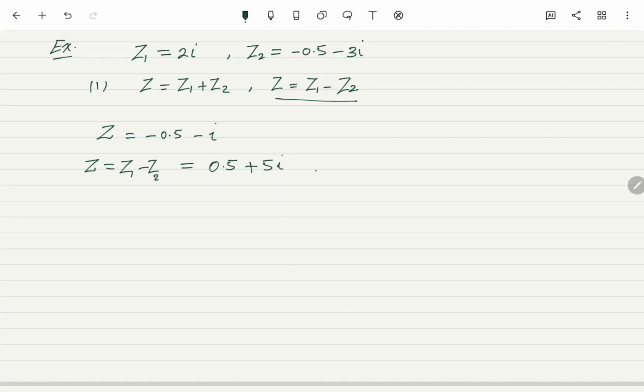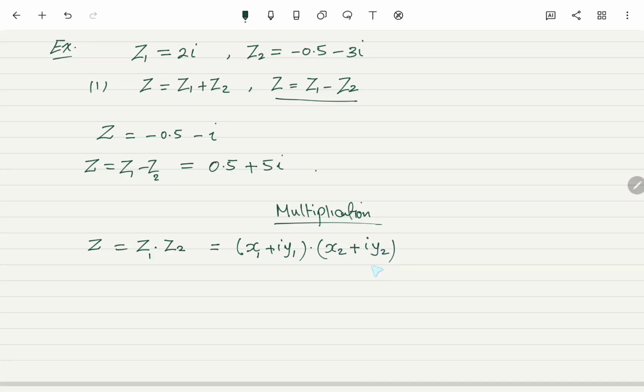Now let's discuss multiplication. What's going to happen if we multiply two complex numbers? If you have two complex numbers, z1 and z2, and z is equal to z1 times z2, then z1 z2 equals x1 plus iy1 times x2 plus iy2.